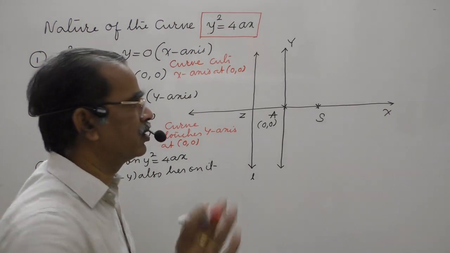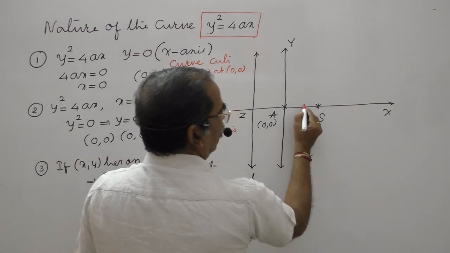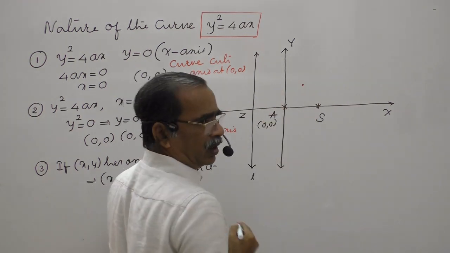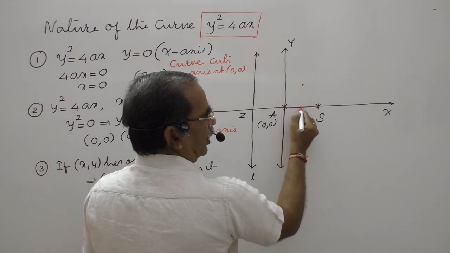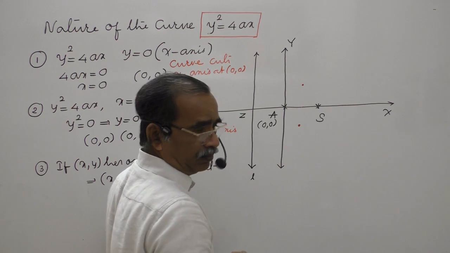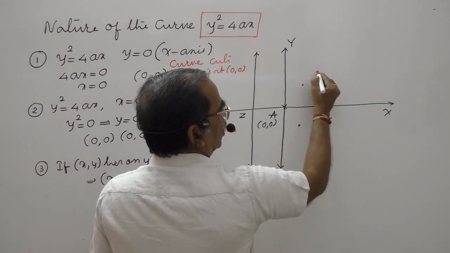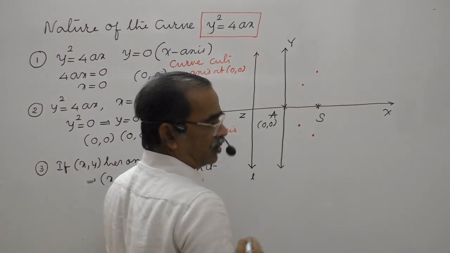What does it mean? See, x comma y, for example 1 comma 2. If 1 comma 2 is a point on the curve, 1 comma 2 means first quadrant. Definitely 1 comma minus 2 also lies on it. Similarly, if 2 comma 3 lies on the curve, 2 comma minus 3 also lies on it.